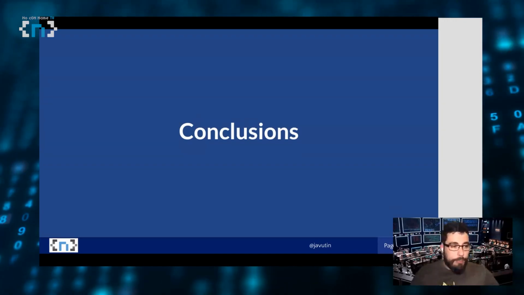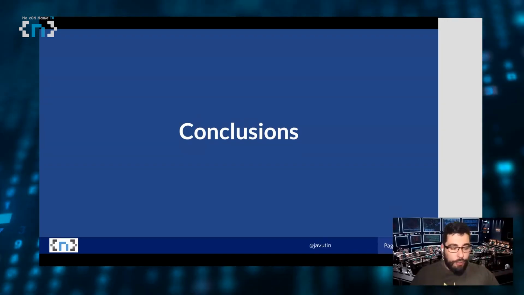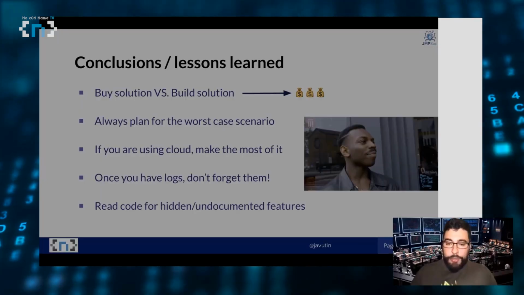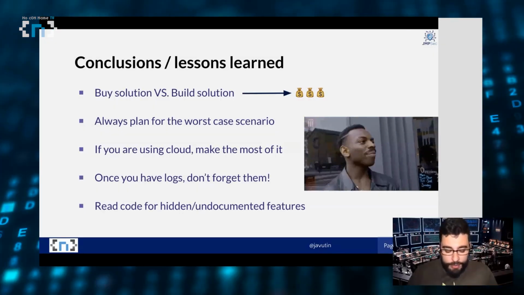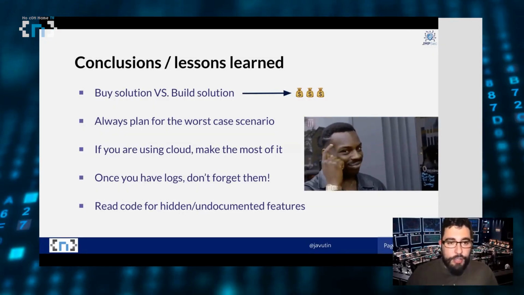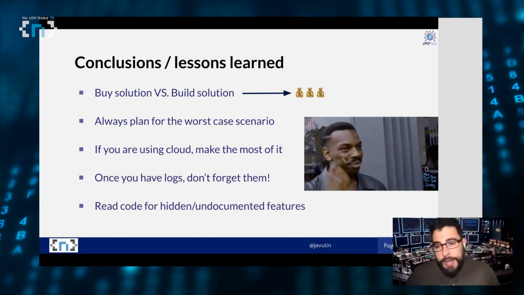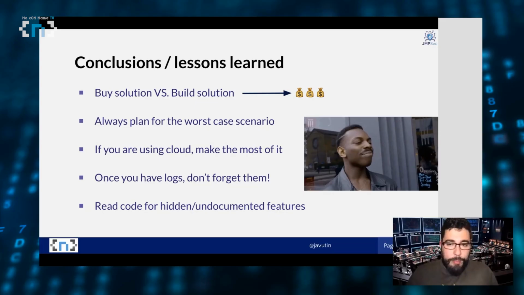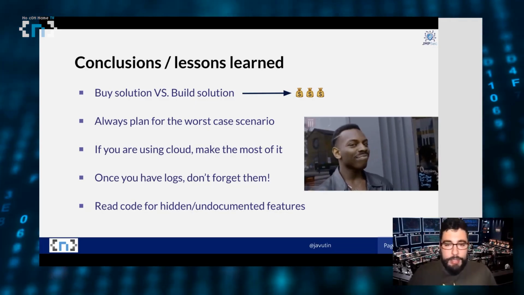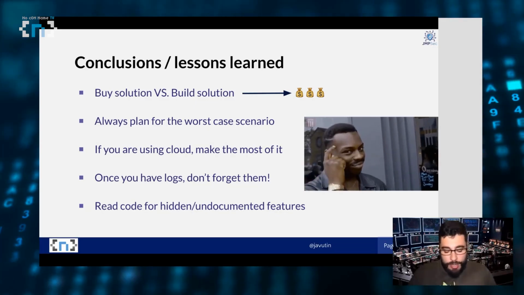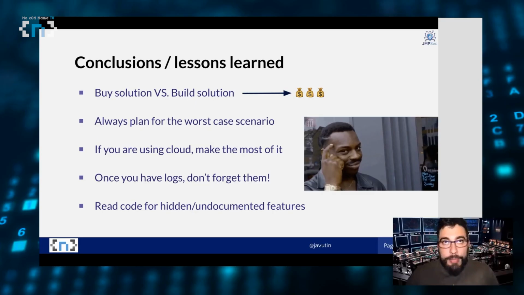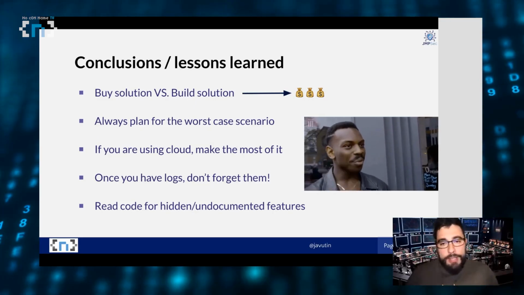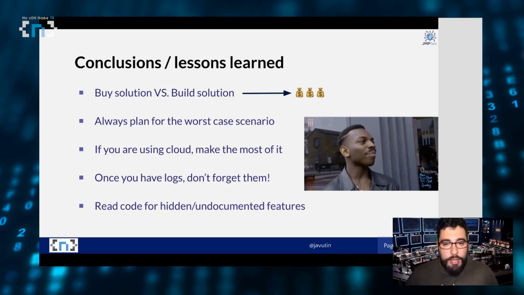After the demo, a kind of long demo, it took me a bit because I forgot to build the osctrl server. But anyway, conclusions I want to finish this presentation with. Often, for security, buying a solution for a problem is better than building your own, because sometimes you have a solution right away.